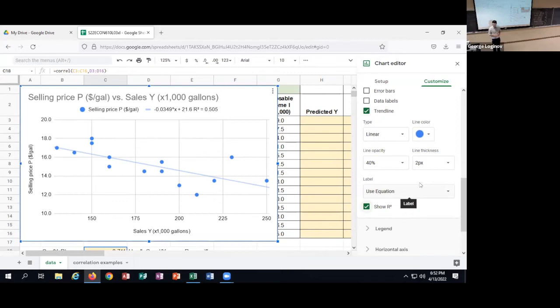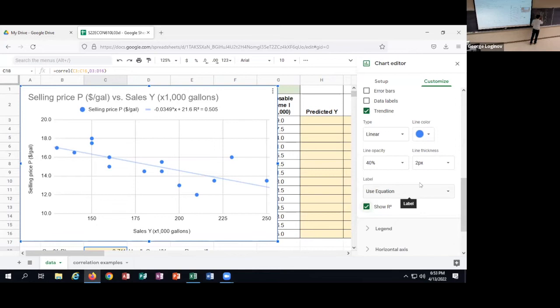What is this value of R squared for? Let's look at that first. So we calculated the correlation. This is just correlation squared. So if you take correlation is negative 0.7, our square is about 0.5.